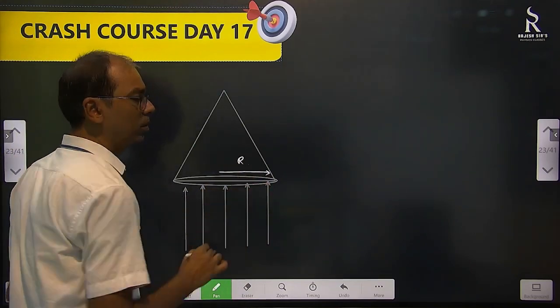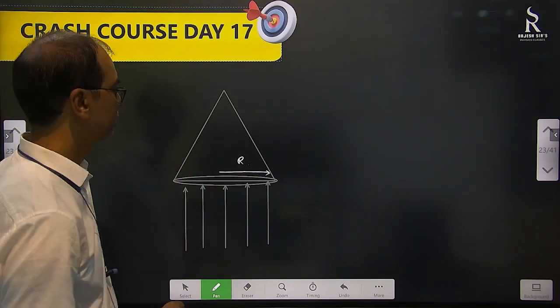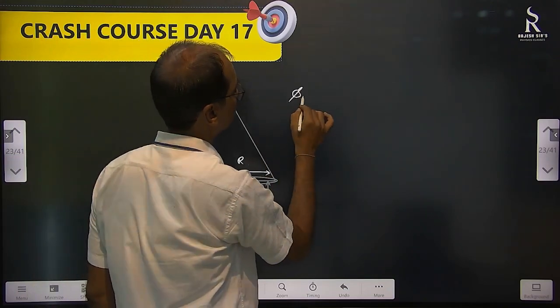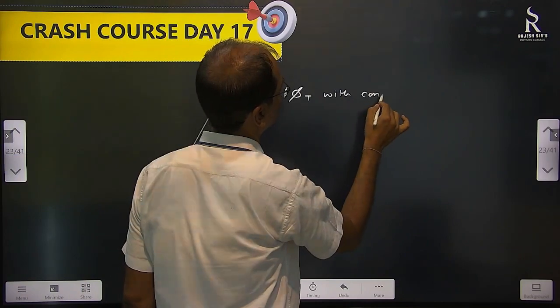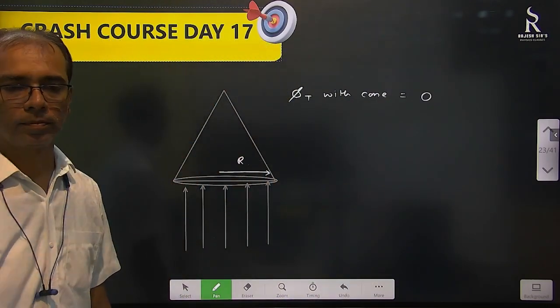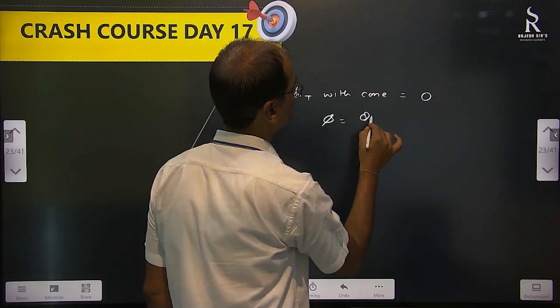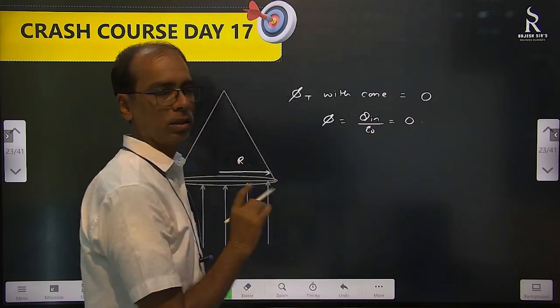The question is how much is the total flux linked with this cone? The answer is zero. Why? There is no charge inside. Flux is Q inside by epsilon naught, so there is no charge inside, so it's zero. This is the first question.